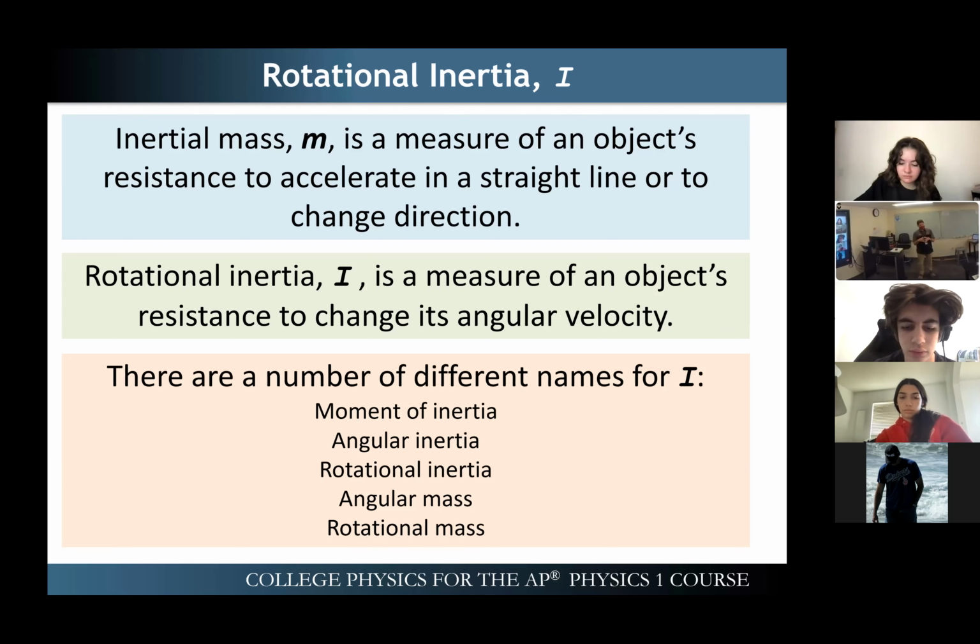I hope you remember from Newton's first law, objects in motion stay in motion without changing their velocity unless there's an unbalanced force, and objects at rest remain at rest unless there's an unbalanced force. So that's the idea. But what property of matter gives it inertia?